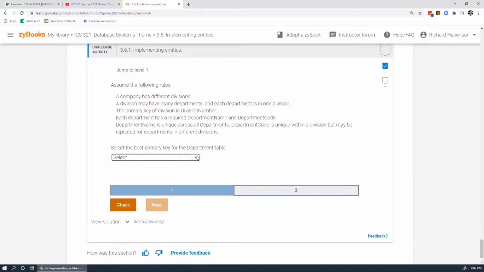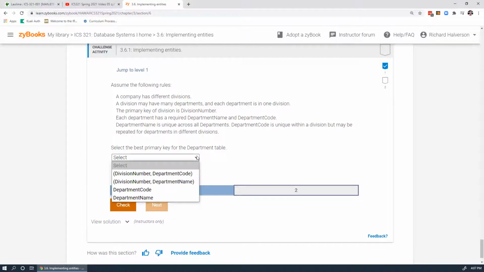So what is the best primary key for the department table? Divisions may have many departments. Each department is in one division. The primary key of a division is division number. Each department has a required department name and department code.